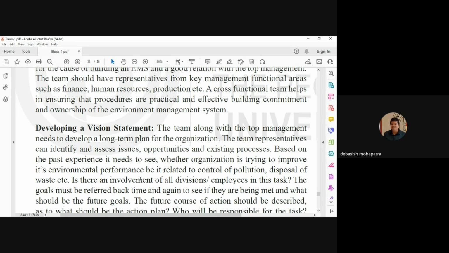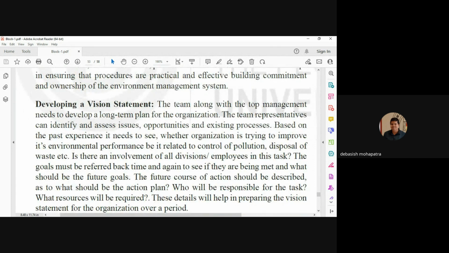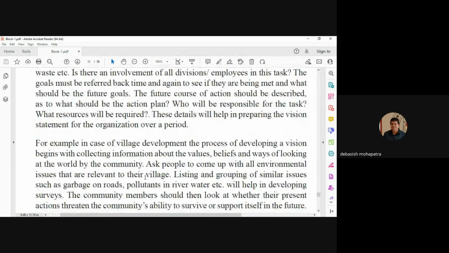The goals must be referred back time and again to see if they are being met and what should be the future goal. The future course of action should be described: what should be the action plan, and who will be responsible for the task.